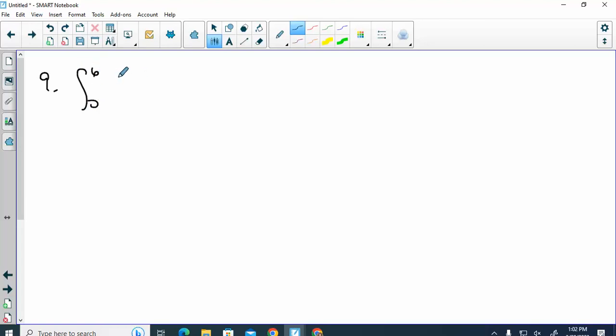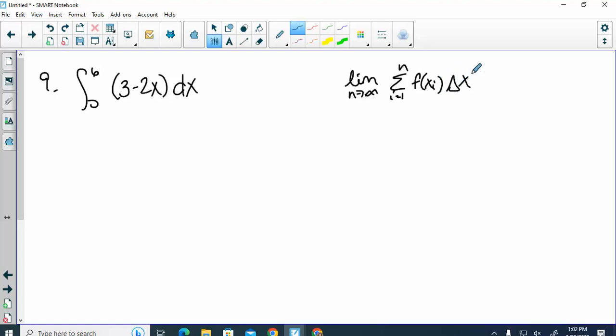Okay, if you read the little blurb above, I'm not asking you just to do the normal integral on this. I want you to do the limit as n goes to infinity of the sum from 1 to n of f of x sub i change in x to calculate this one.